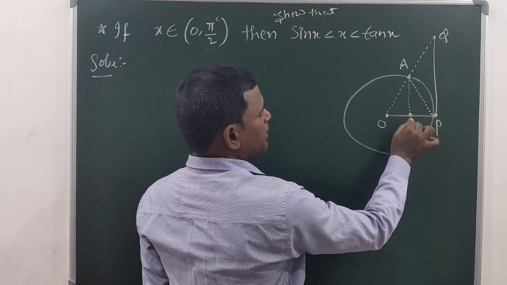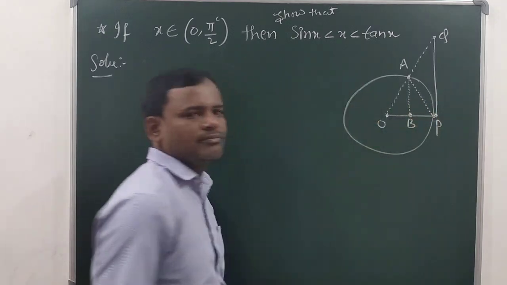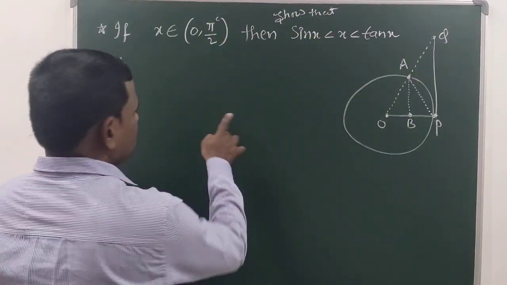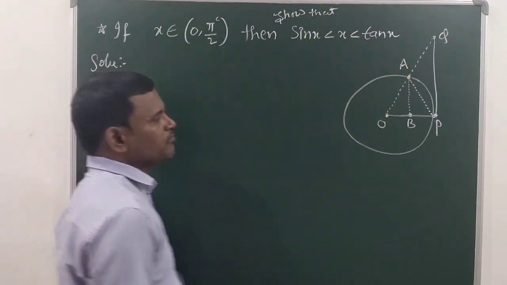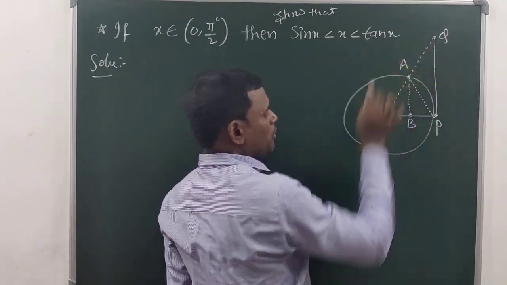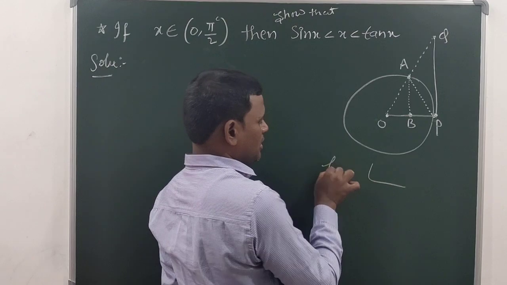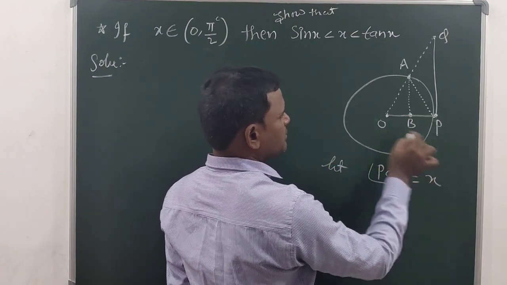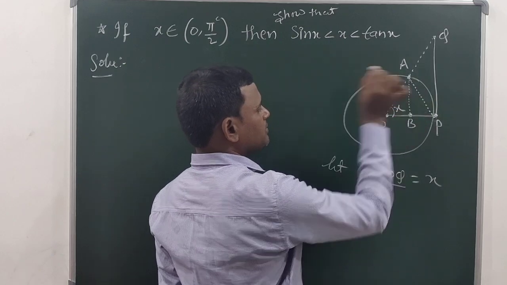Let us say this point be B. Okay. Now see, observe that figure carefully. Consider angle POQ, let angle POQ be small x. This is small x.